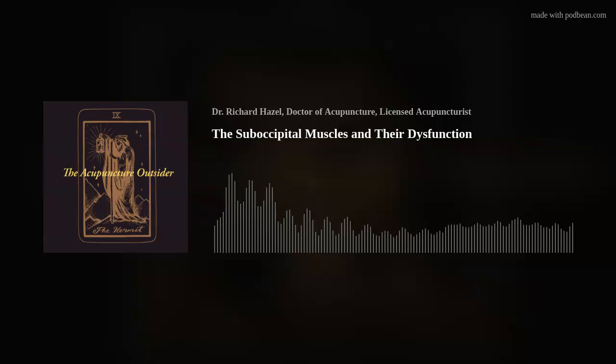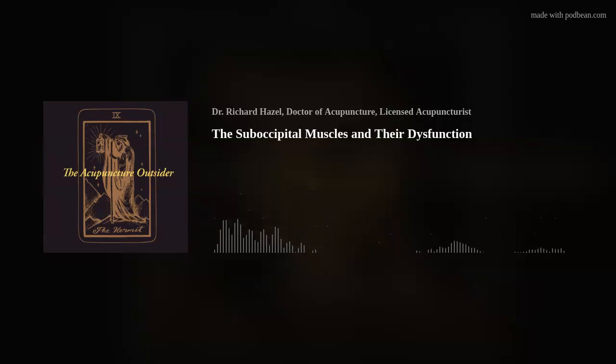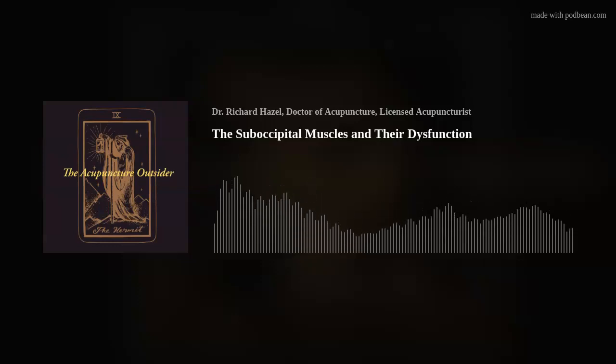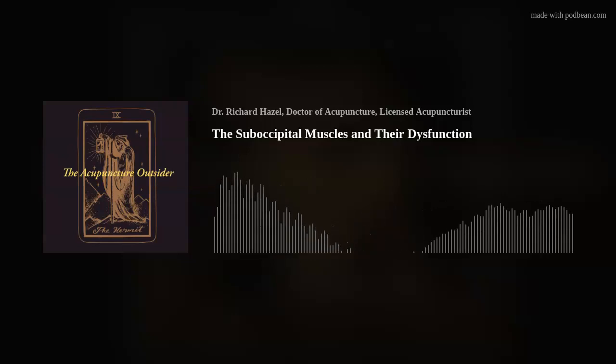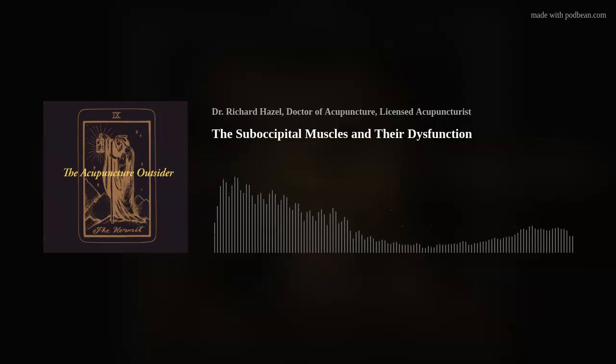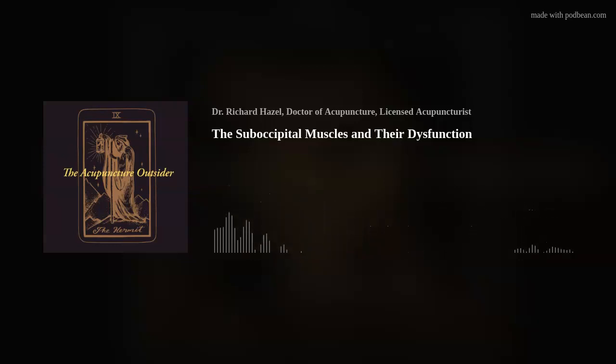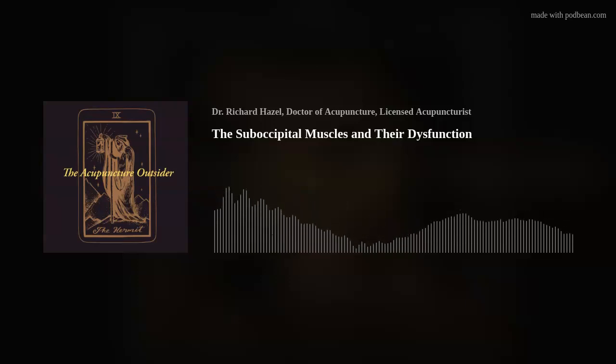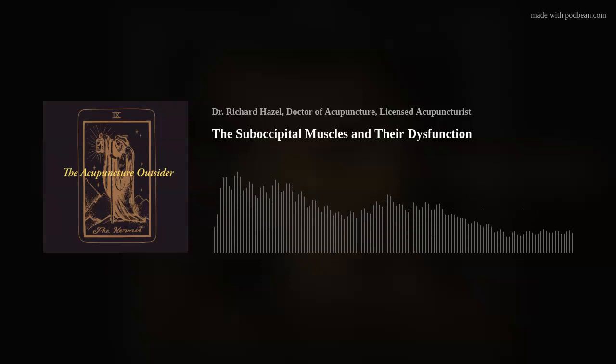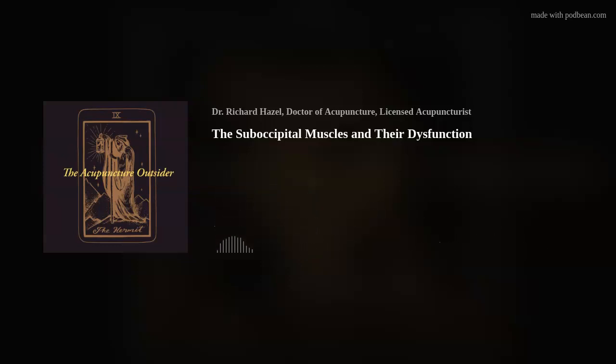So the obliquus capitis inferior can entrap and irritate the greater occipital nerve that goes up the back of the head. So this little tiny muscle that rotates our head to the left and right can irritate the occipital nerve that can cause a lot of migraines.